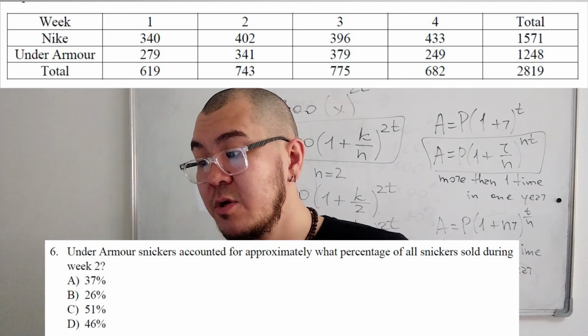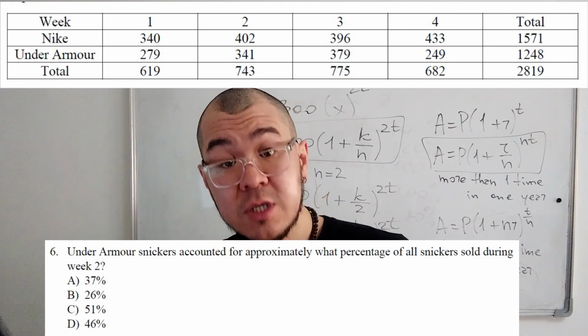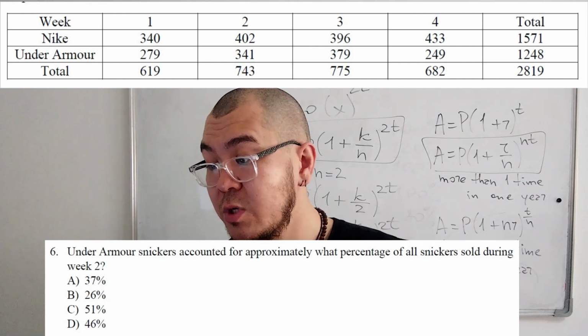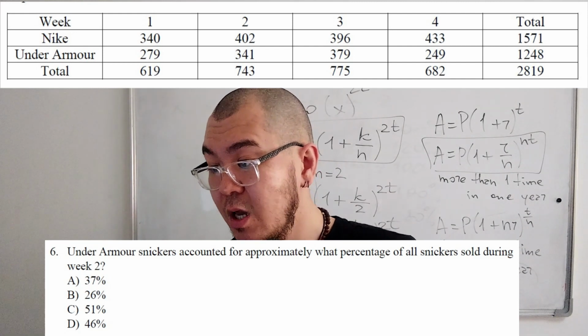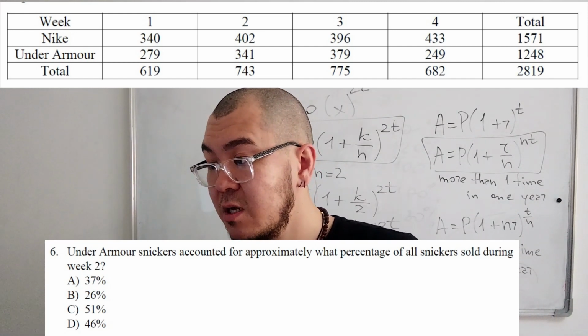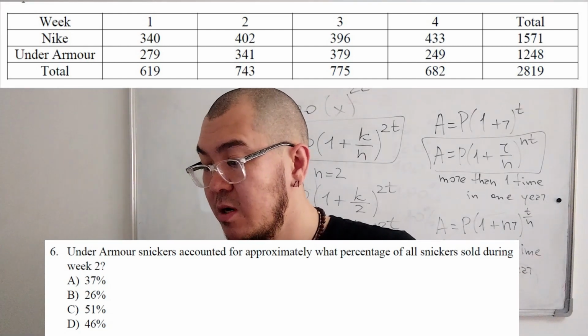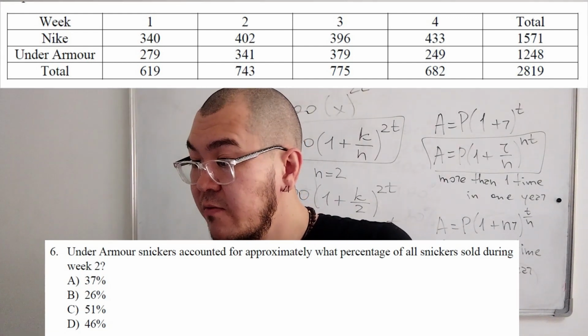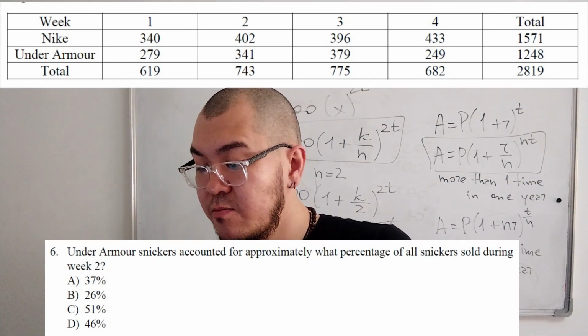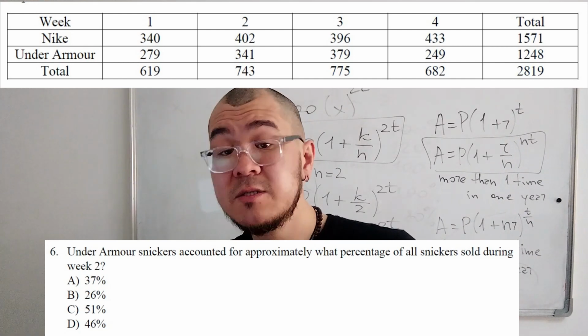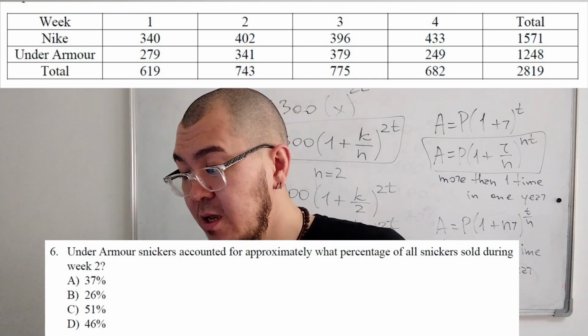It's 341, and the total amount of sneakers sold in week 2 is 743. So dividing these numbers, 341 divided by 743, we get 46%. The answer is D.